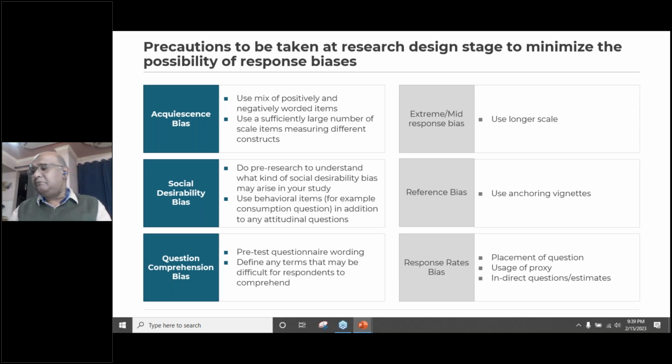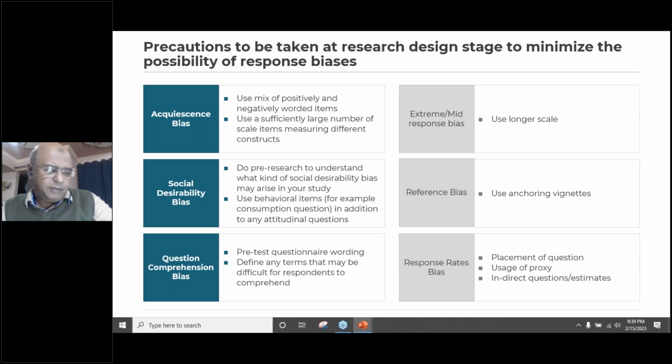For example, a usage frequency or a consumption question, in addition to any attitudinal questions, so that the behavioral frequency, as we saw in the earlier example regarding fast food, might act as a check against the initial response, and we can at least have some suspicion of social desirability bias once the data comes in.